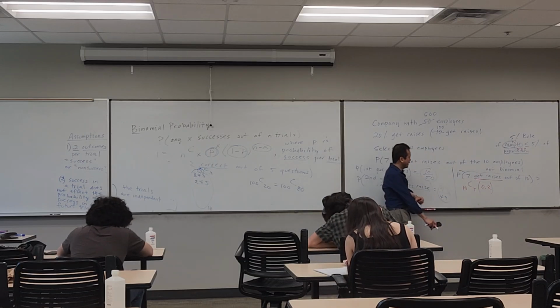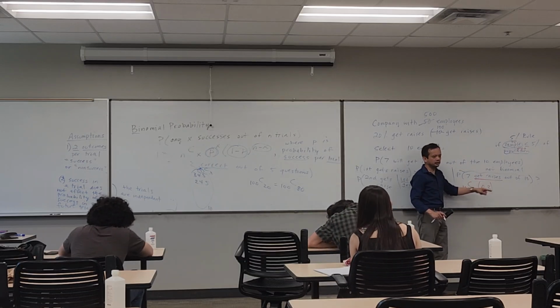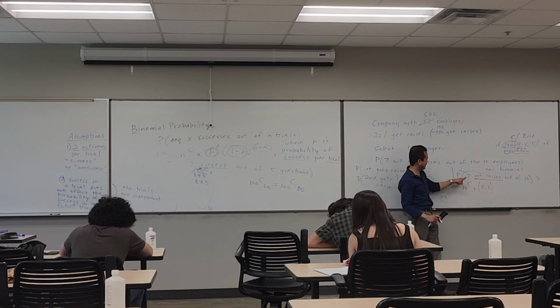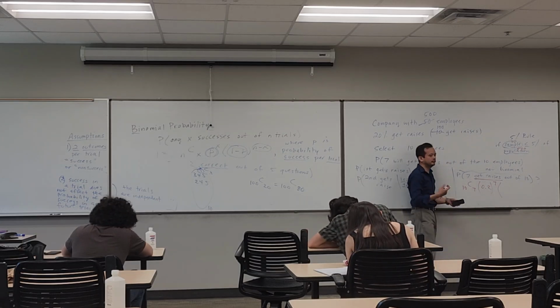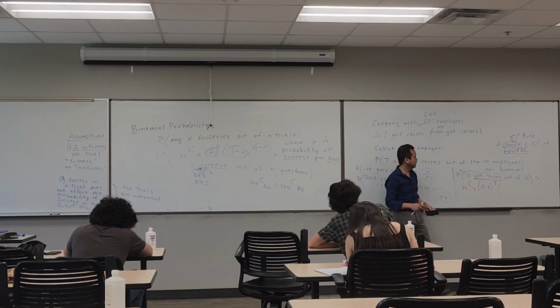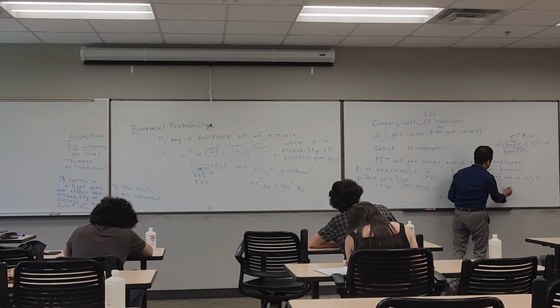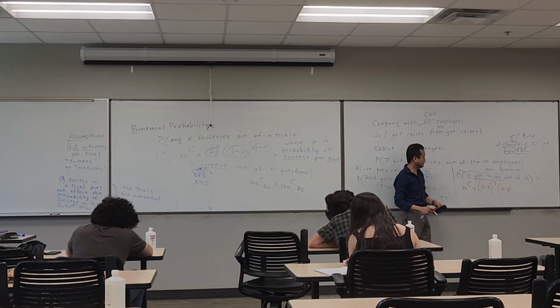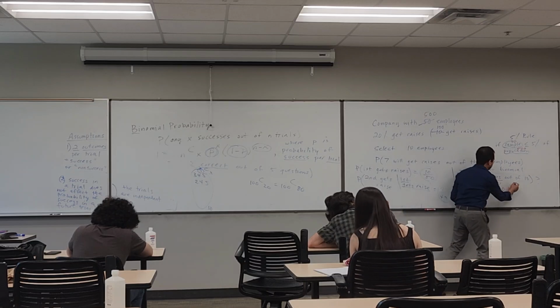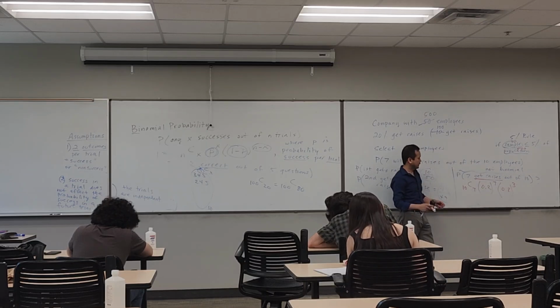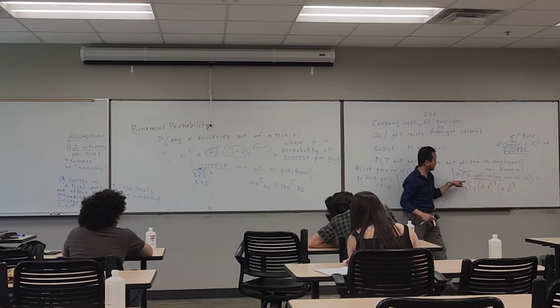And that's the probability of getting a raise, and then raise to the number of people that we want raises. 7. Yeah, that's going to be 7 here. And then times the probability of not getting a raise, 0.8, raised to the number of people who don't get raises out of 10. 10 minus 7, which is 3. Yep. All right, great. So that would be the answer to this probability.